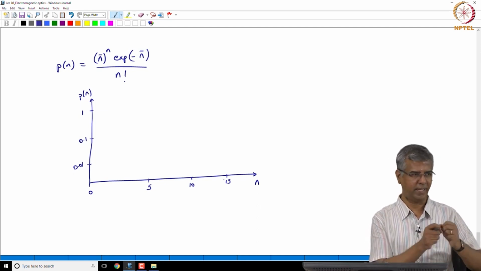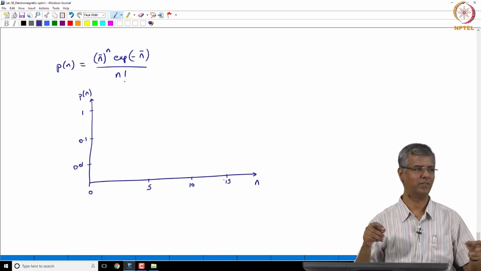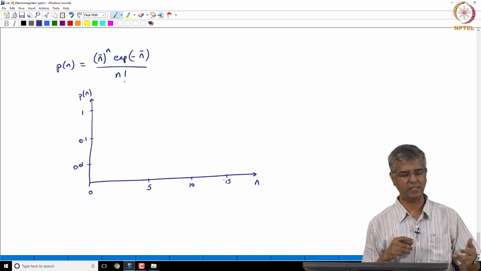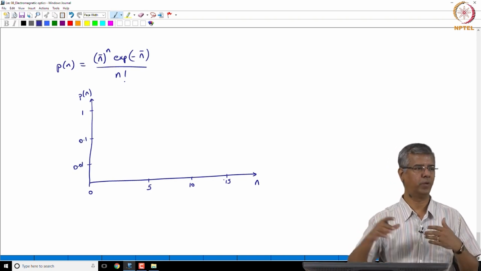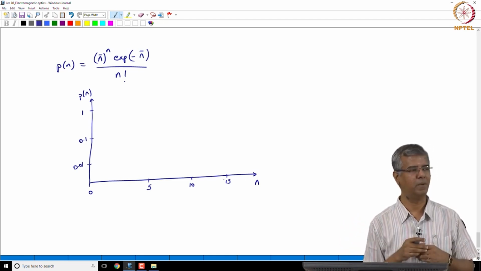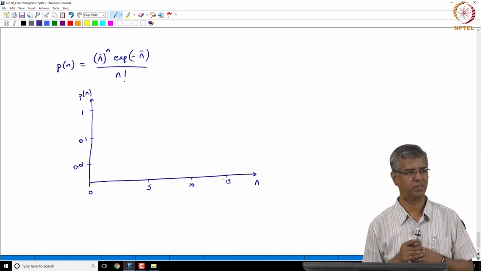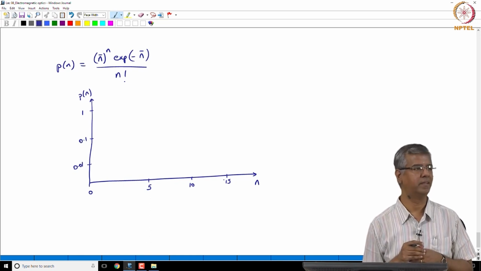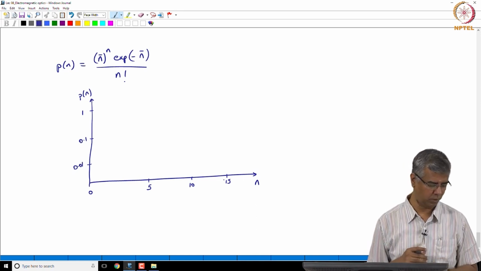Well, you cannot tear the photon and say this much is going here, that much is going there. It is not like that. You are basically saying that the probability of finding a photon over 10 consecutive time intervals is 1. So it could appear in any one of those 10 time slots. That is what n bar of 0.1 means.